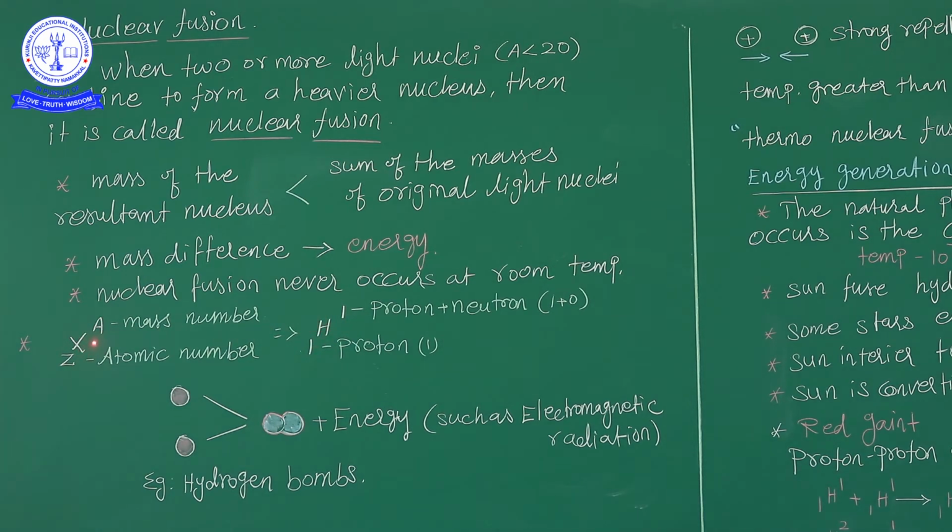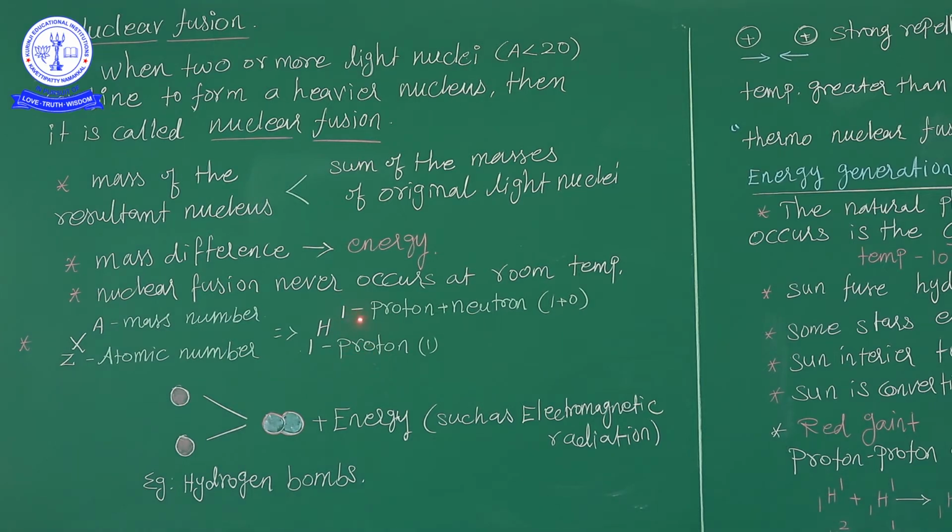We know this is the element X, where Z is the atomic number and A is the mass number. For example, hydrogen: the atomic number is 1, that means only one proton.